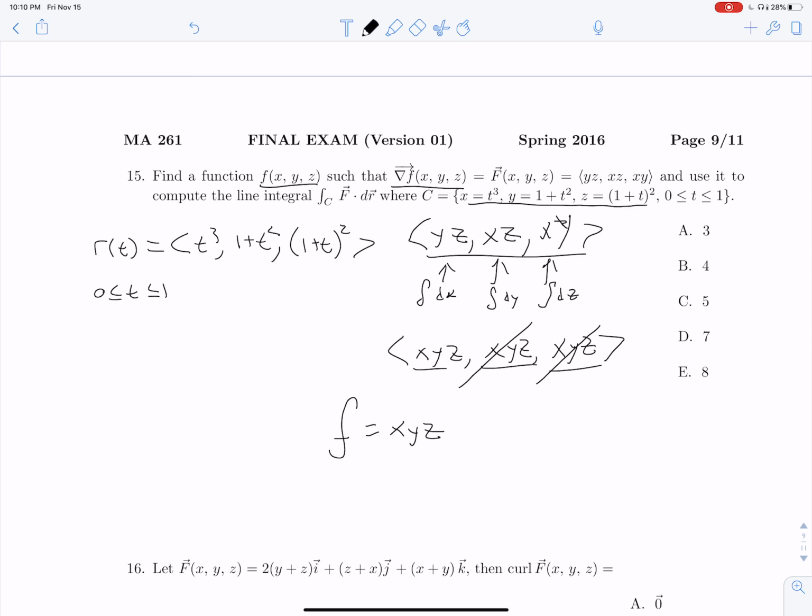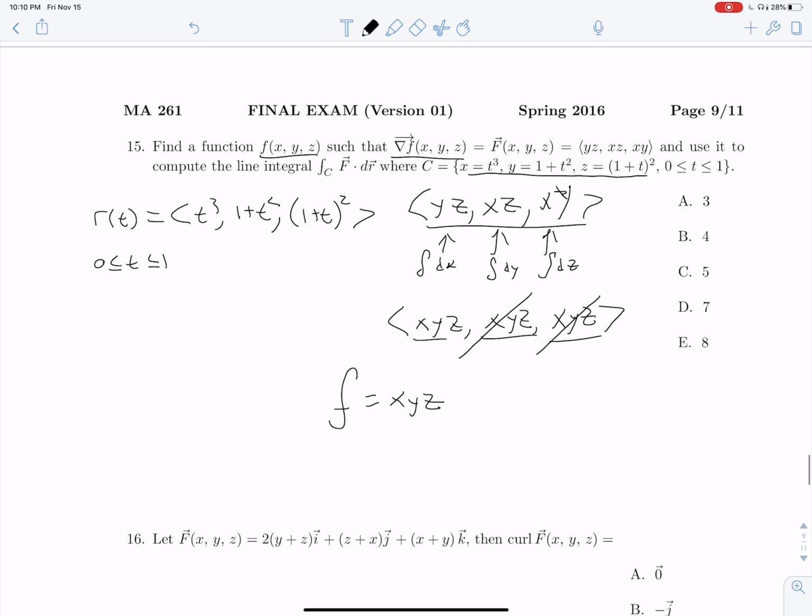So we can pull out our x, y, and z values for our start and end states right from here. So plugging in 0, r of 0 is going to be 0, 1, 1, and then plugging in 1, r of 1, we're going to get 1, 2, 4.